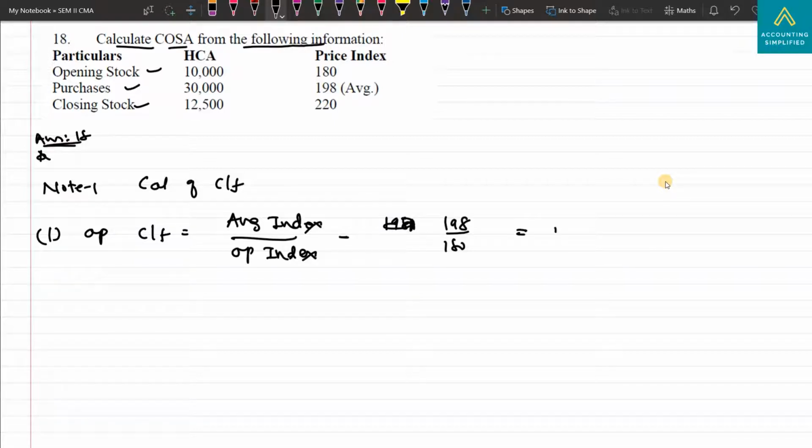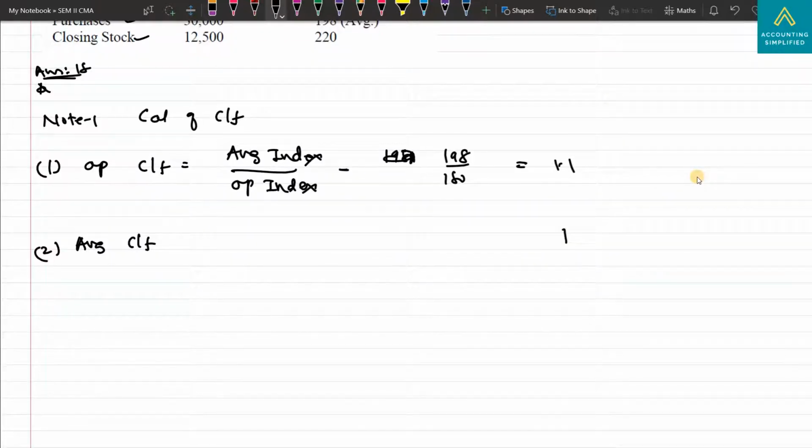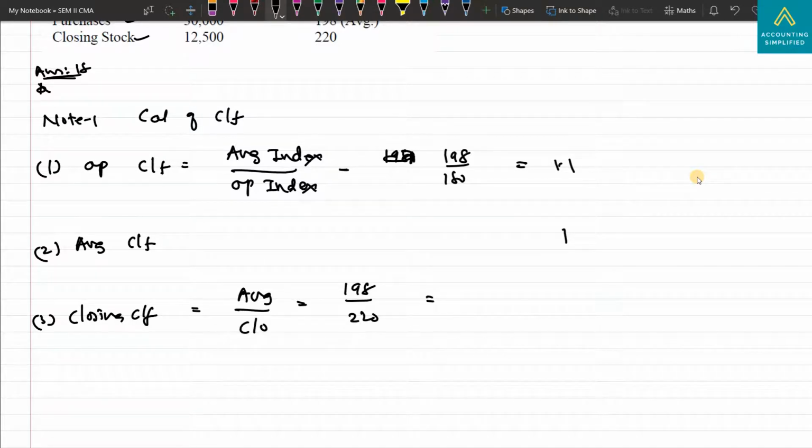So this is again 1.1. Second, average conversion factor is 1. I am not writing, you can write. Third, closing conversion factor, average divided by closing. So average is 198 and closing is 220. So it comes 0.9, right?